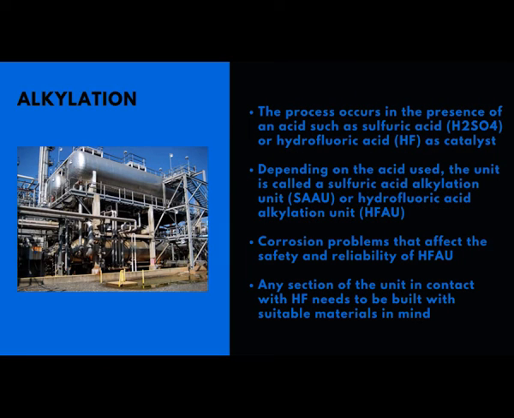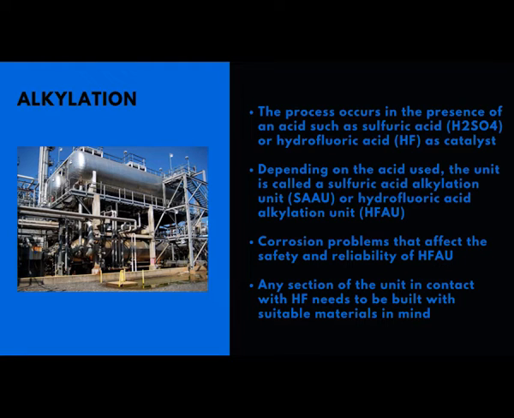Here in alkylation, the process occurs in the presence of an acid such as sulfuric acid or hydrofluoric acid. Depending on the acid, the unit is called either a sulfuric acid alkylation unit, SAAU, or a hydrofluoric acid alkylation unit, HFAU. When you are using the second category, the HFAU, corrosion is a big problem because hydrofluoric acid is a highly corrosive substance.